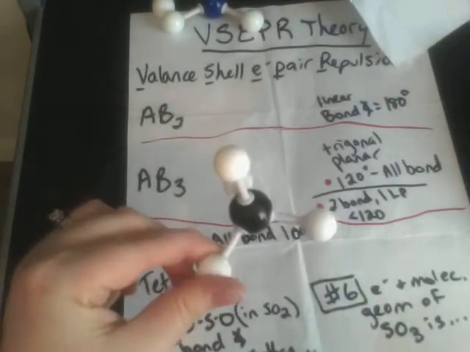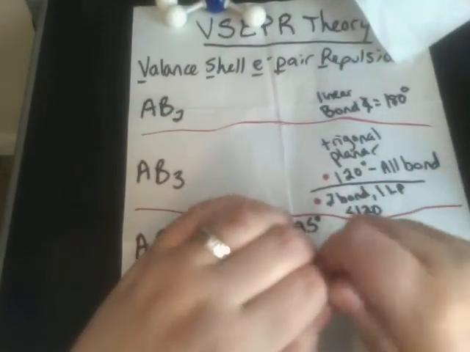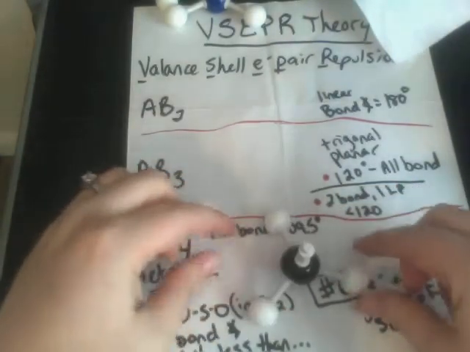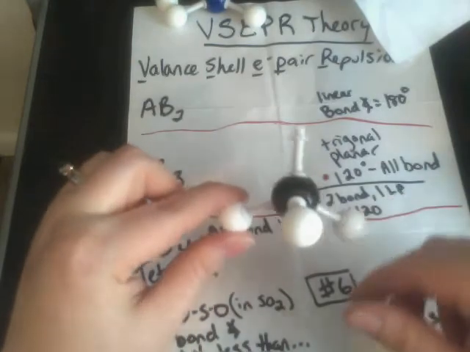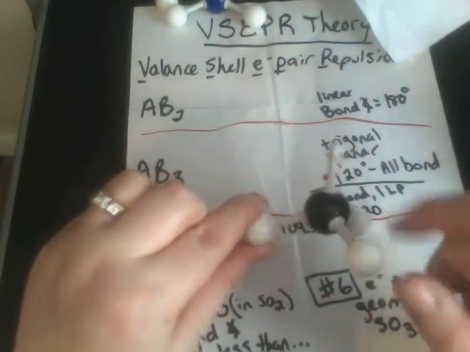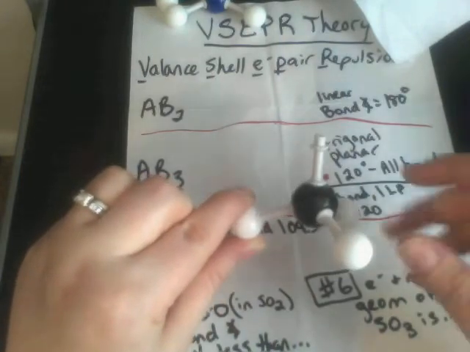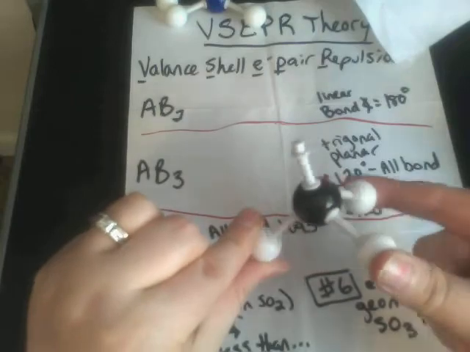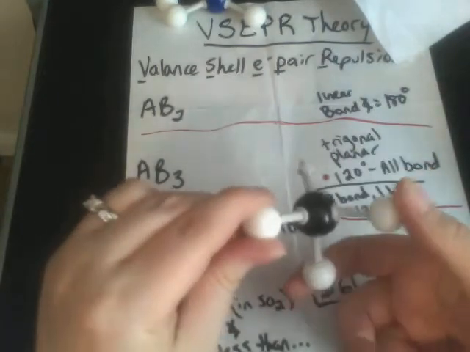So now we have this situation where you say, okay, Carla, what if we pop one of these off? Well, if you notice, it's not a trigonal planar, right? Because is that flat? No. And what happens with this lone pair? It's the same thing that happened with our trigonal planar. This lone pair is going to repel these, so it's actually going to push them in a little bit.